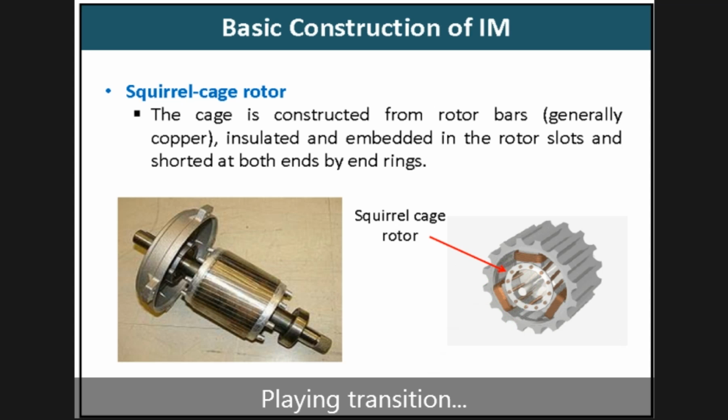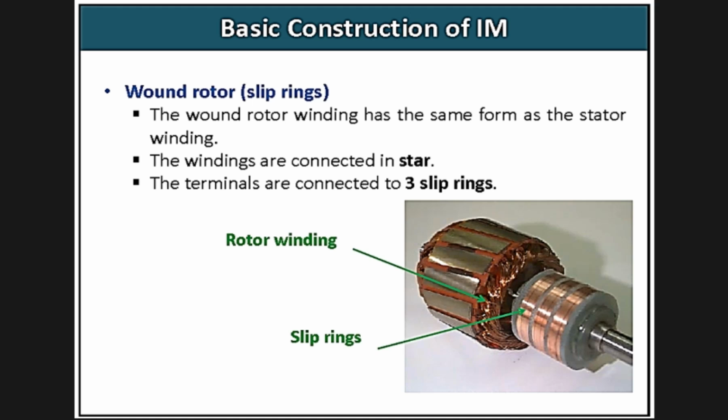Then if you look at the wound rotor or slip ring machines, the wound rotor winding has the same form as the stator winding. So it is a winding, but in the squirrel cage there are no windings. The rotor windings are connected in star.